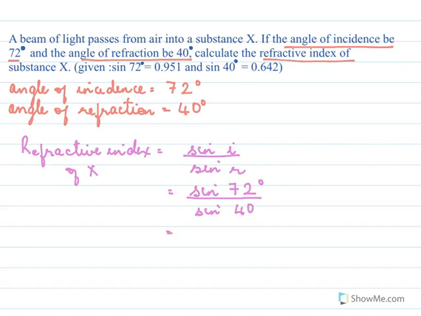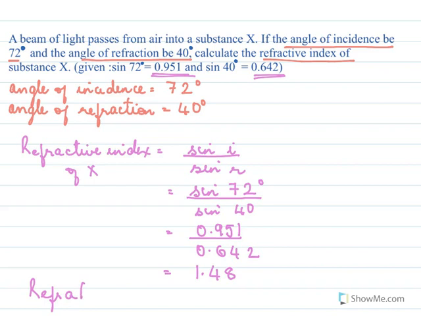Now the values have been given here. Sine of 72 is given as 0.951, and sine of 40 is 0.642, and when you divide this you get the answer 1.48. So refractive index of X equal to 1.48.